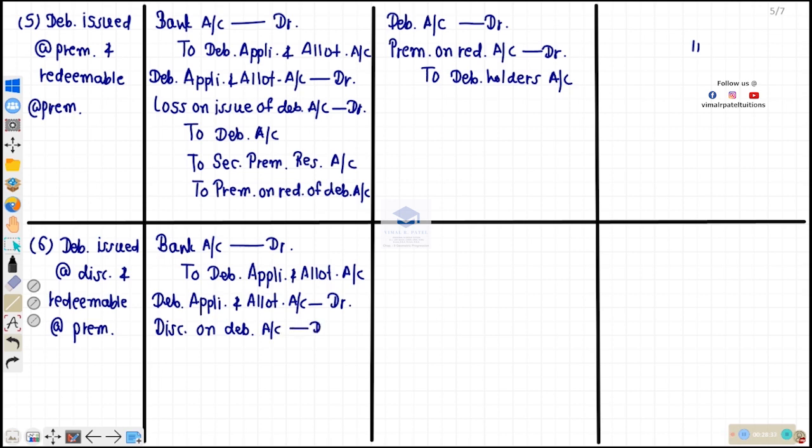Discount on debenture account debited 10. 20 rupees that will be payable extra at the time of redemption.